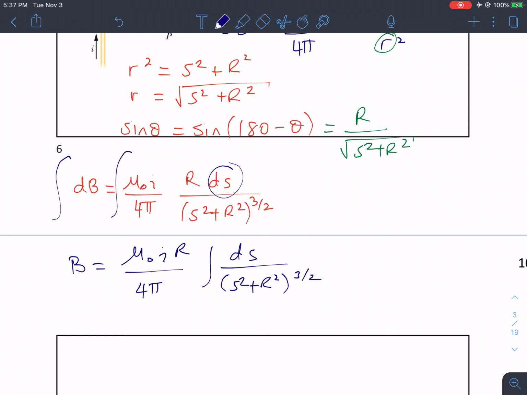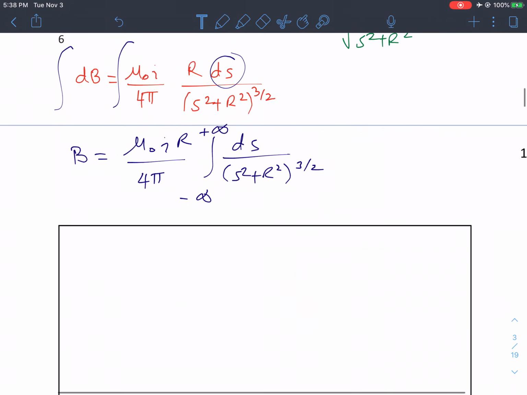Since we have an infinitely long wire, we would go from negative infinity to positive infinity, and we need to scan everything on that wire. Instead of doing that, we can change our interval to 0 to infinity. That means the contribution coming from the bottom half needs to be added.